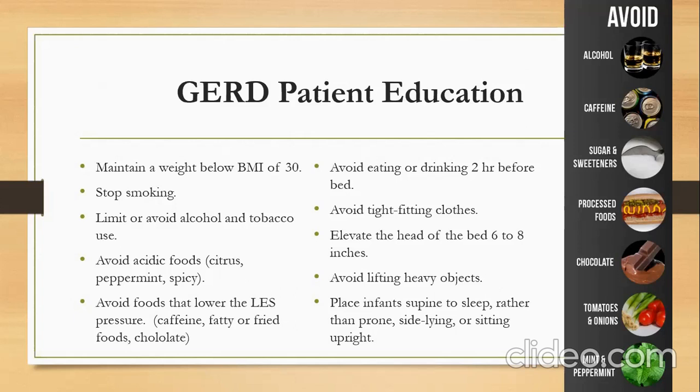You could prop yourself up on pillows. Avoid lifting heavy objects. And again, babies, when it's time to lay down, lay them in the supine position rather than prone. And older infants, once they are able to roll over, you can lay them on their side or sitting upright like in a Boppy pillow.